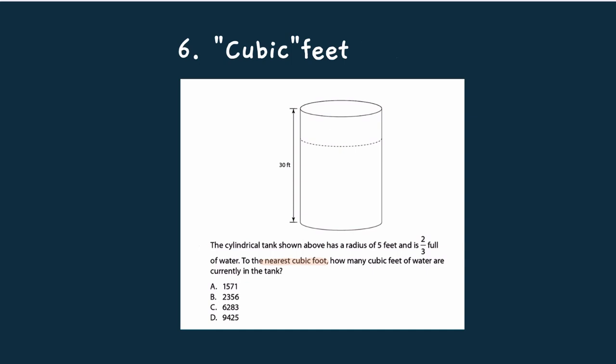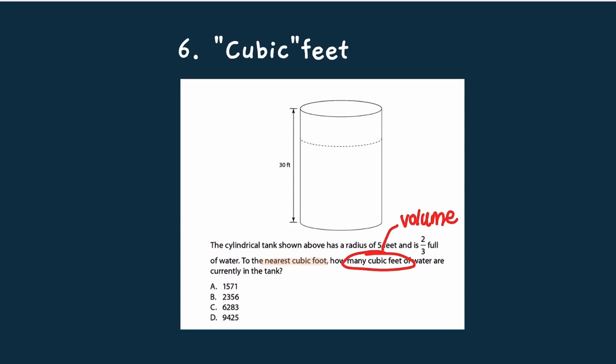They don't tell you directly what they ask you to find, but they said how many cubic feet. This means find the volume. If you see cubic and units like meter, centimeter, feet, it means they ask you to find the volume.